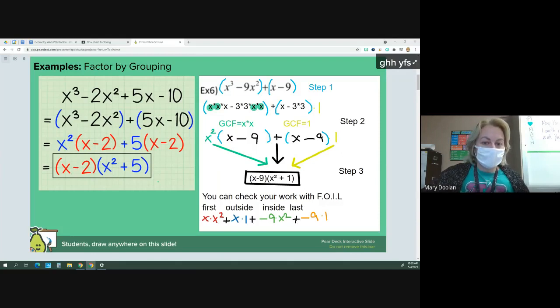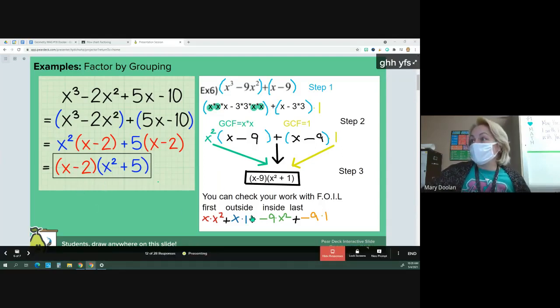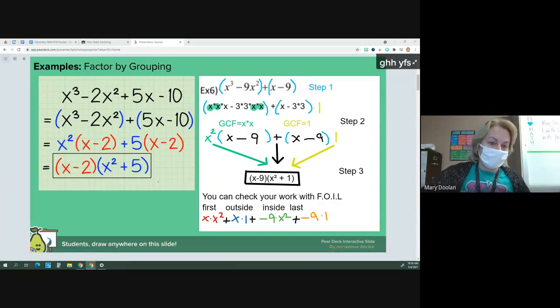And so basically, is this the same thing we started with? You can simplify it. So x times x to the second power is really just x cubed, plus 1 times x is just x.